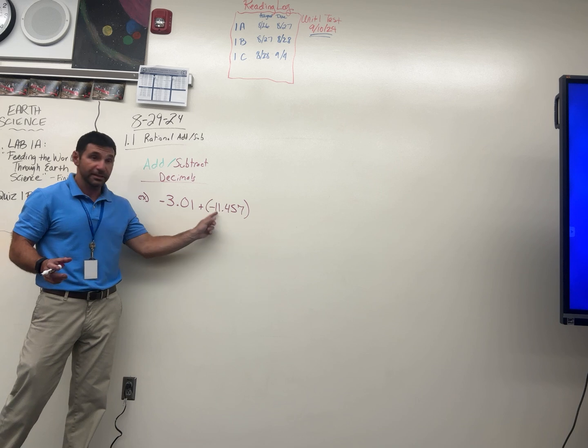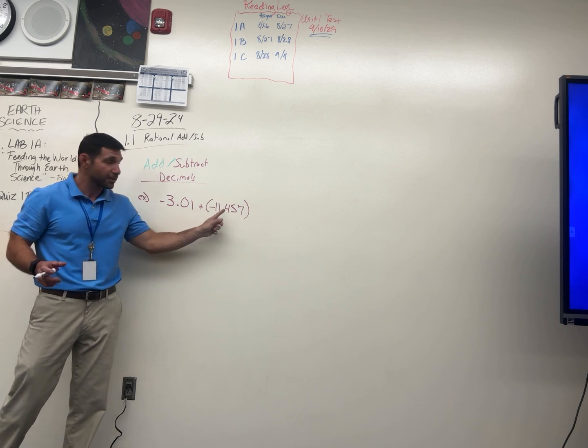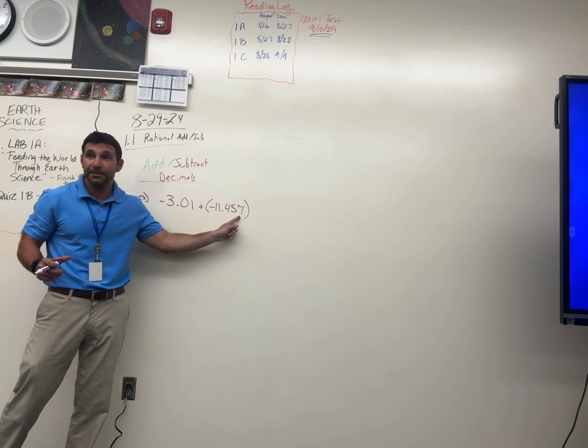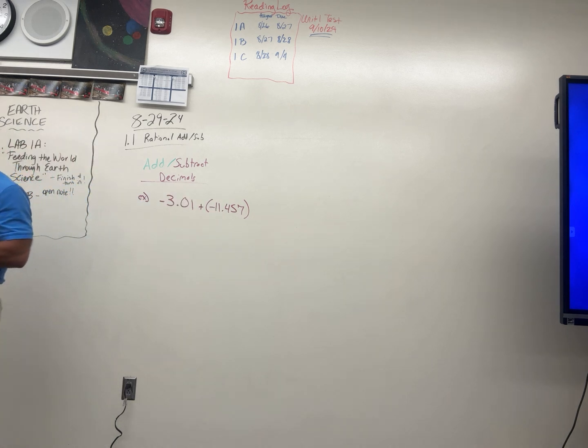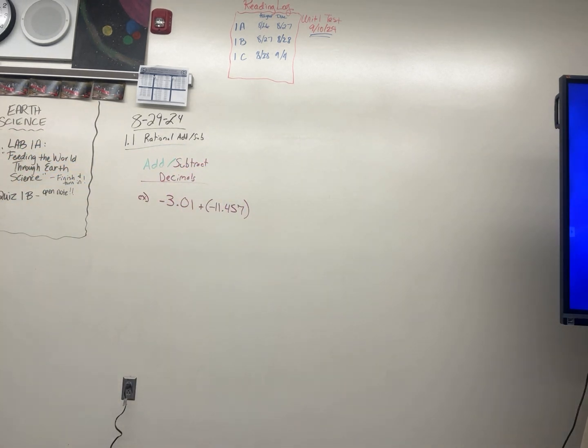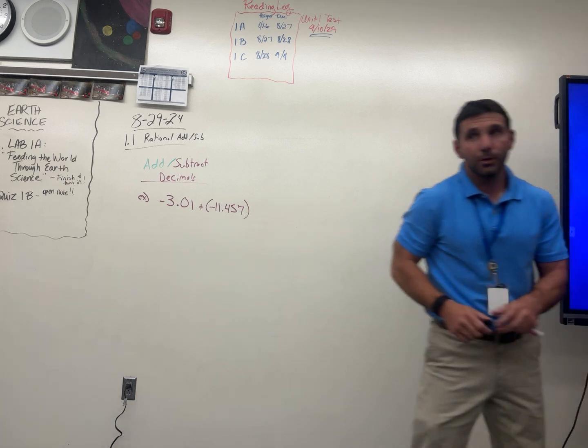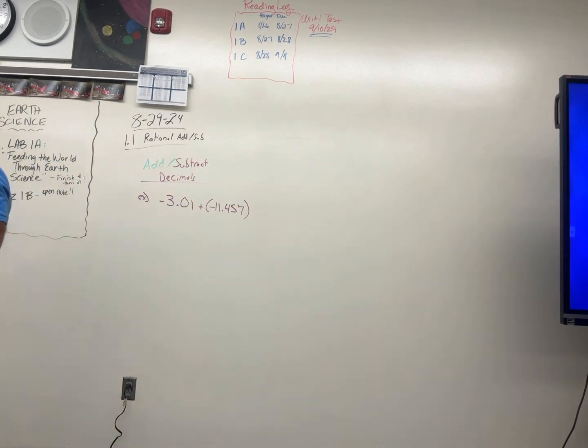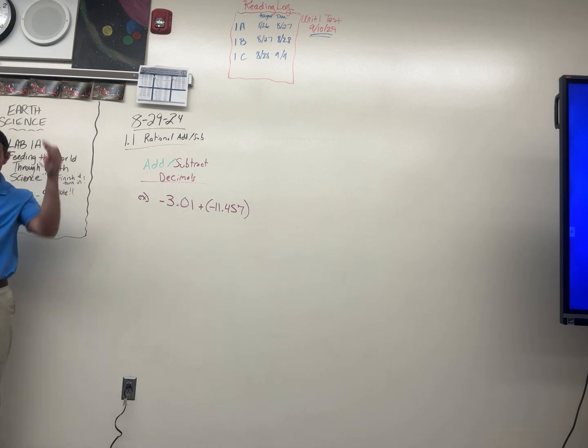Tenths, -11 and 4 tenths. -11 and 45 hundredths. -11 and 457 thousandths. Okay? Everybody with me so far? I'm telling you, nothing changes yet. What am I going to circle? The values. Yeah, okay. So this is adding and subtracting. Circle the numbers and their signs.